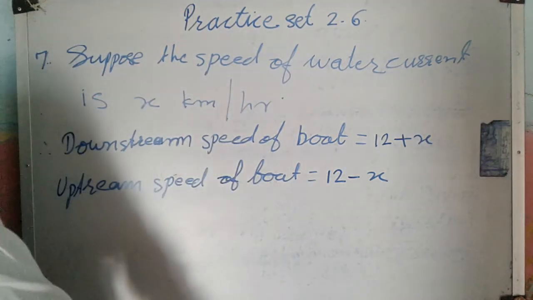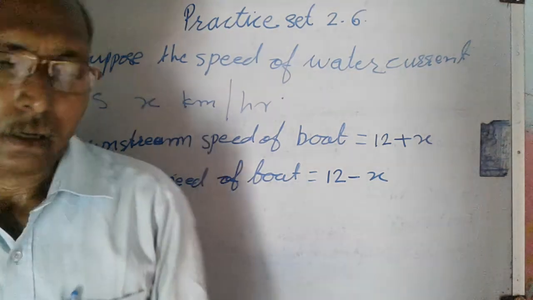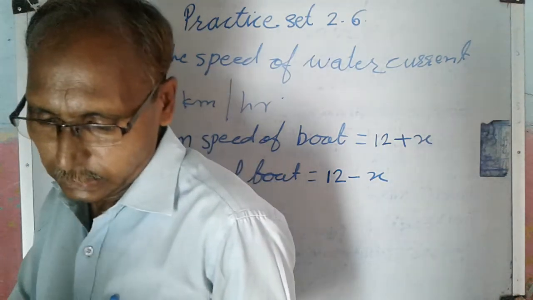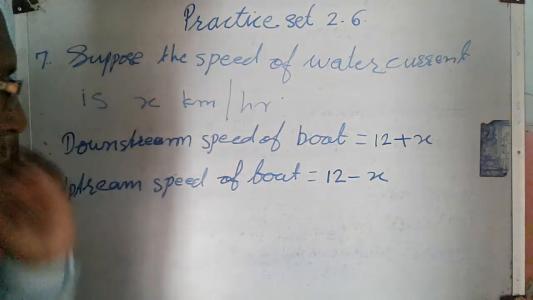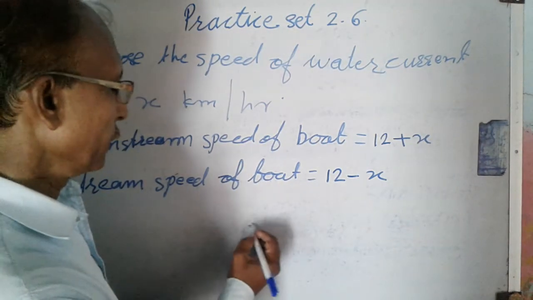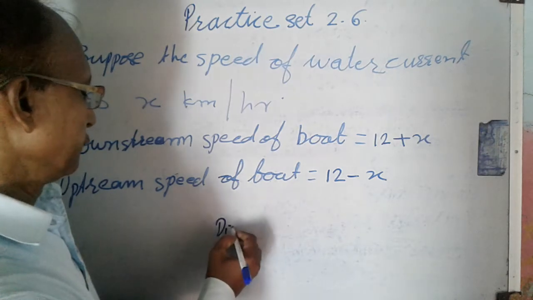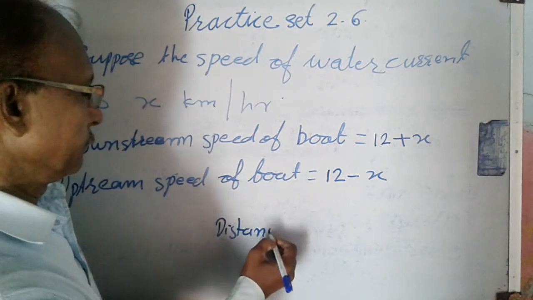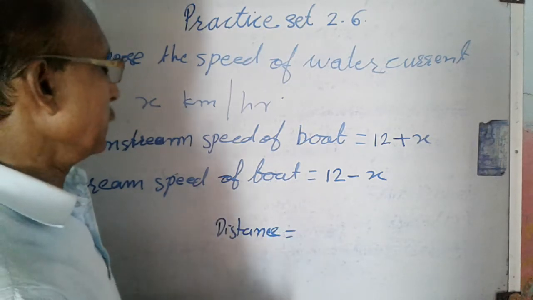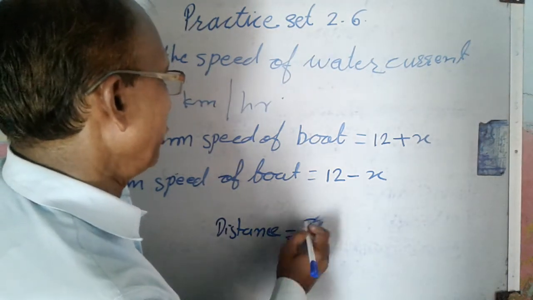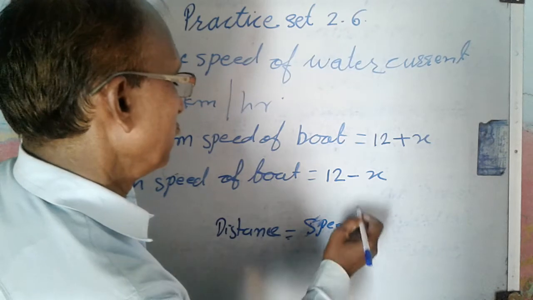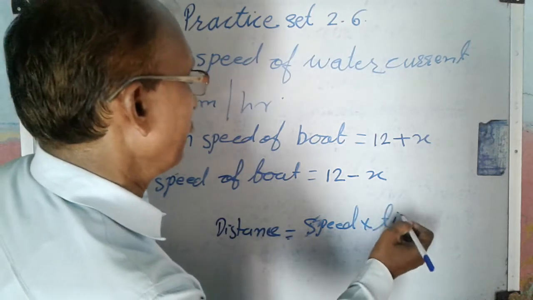Now the total time taken is equal to 8 hours. Now we know the formula: distance is equal to speed multiplied by time.